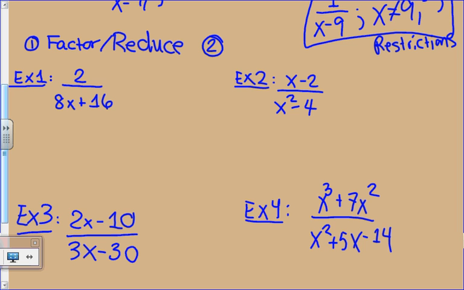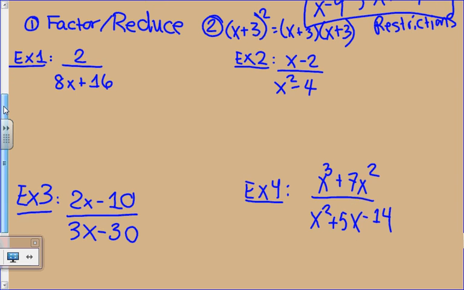Second rule is if something is written twice, like x plus 3 quantity squared, I'm actually going to encourage you, instead of writing x plus 3 quantity squared, to write x plus 3 times x plus 3. That way you can see if one of those can cross off and one of those doesn't have to cross off. You can see what's up. So those are the two basic rules that we started with today.